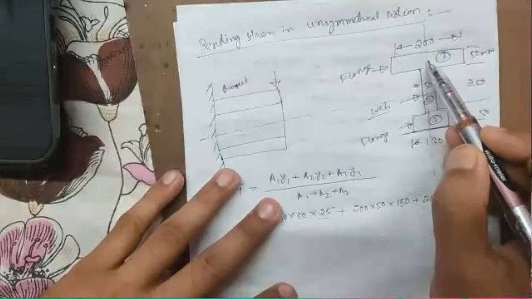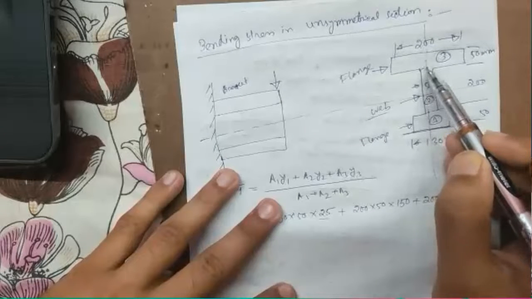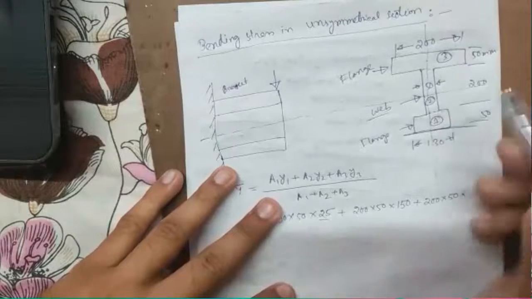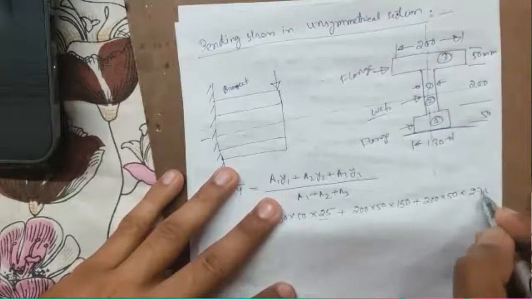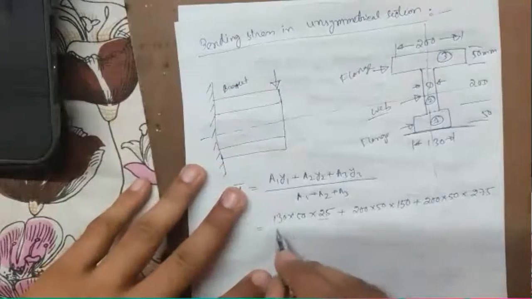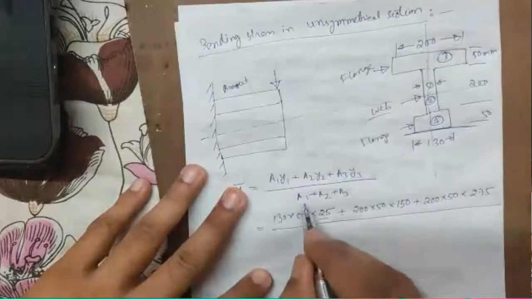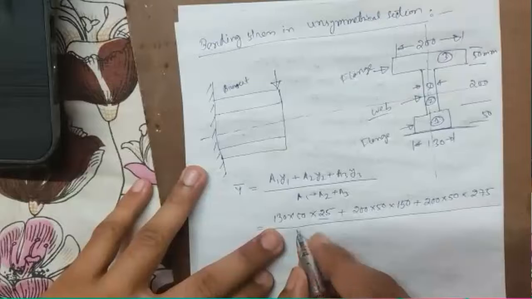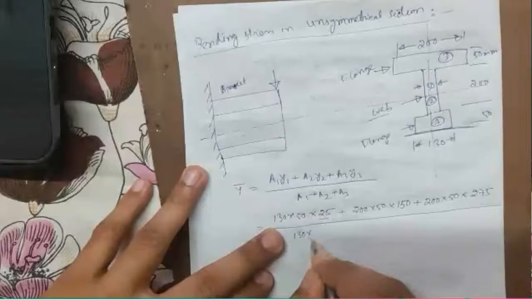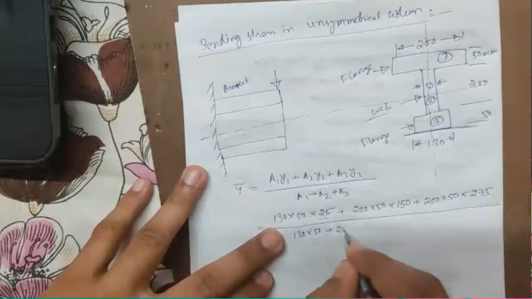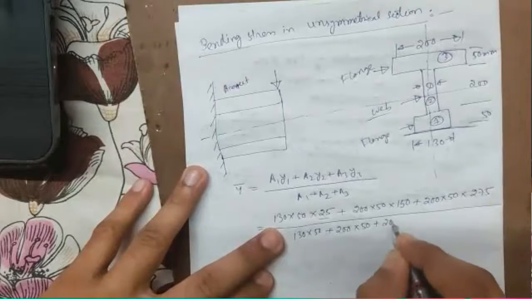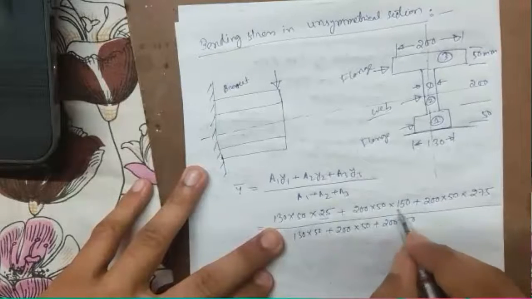So from here it will be 25, 25 plus 200 is 225, 225 plus 50, 275, divided by A1 plus A2 plus A3. So it will be 130 into 50 plus 200 into 50 plus 200 into 50.